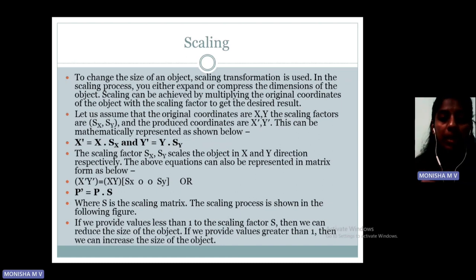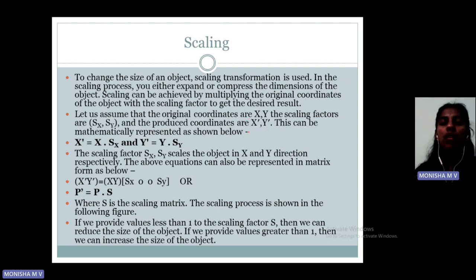Scaling can be achieved by multiplying the original coordinates by the scaling factor. Produced coordinates are the final transformed coordinates, produced from the original coordinates and the scaling factor. This can be mathematically represented as shown below.